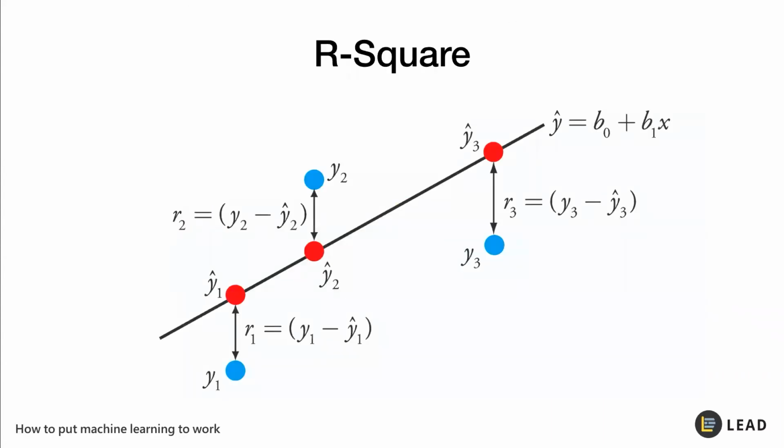R square is a way for you to measure the distance between your observed values and the values from your predictions. I'm not going into too much technical detail, but you just need to remember that R square is the metric you need to use. The black line is your model, and your job is to measure the predicted values from the model against the actual values that you have gathered from your observations.